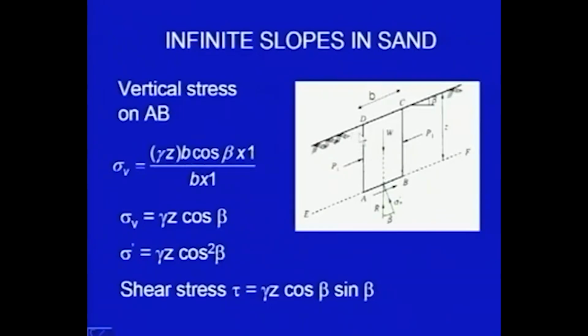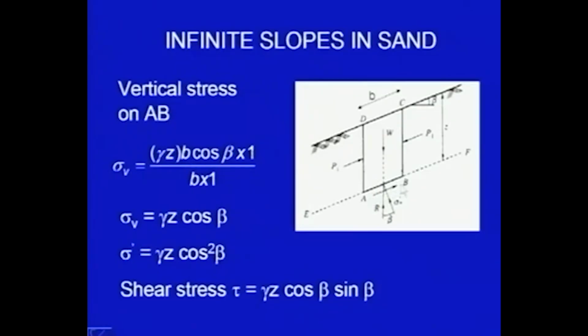To consider the stability, I am taking a slice A, B, C, D. Its weight is acting in downward direction, and here at the base it is trying to slide down.